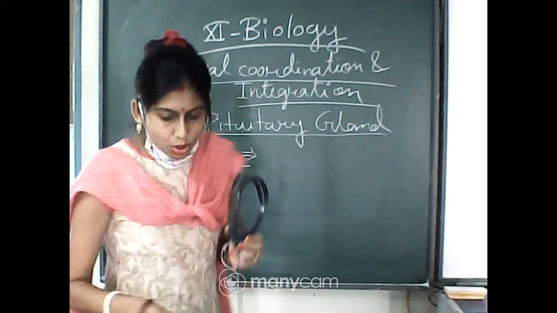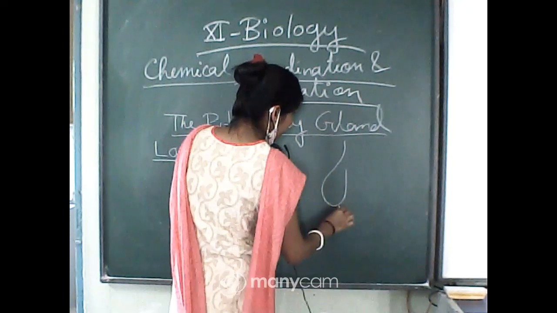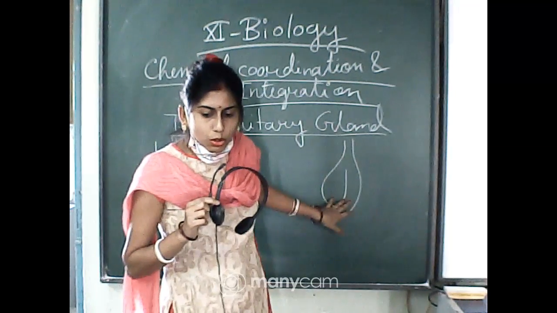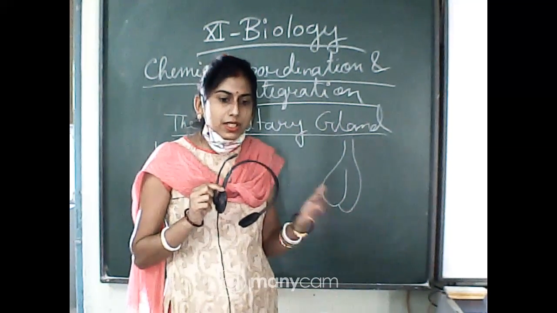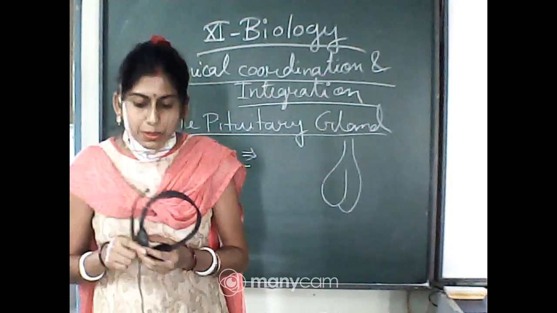Okay, so if I draw the diagram, then these types of structures can be found. It is a lobed structure because pituitary has lobes, and it is attached with the hypothalamus.